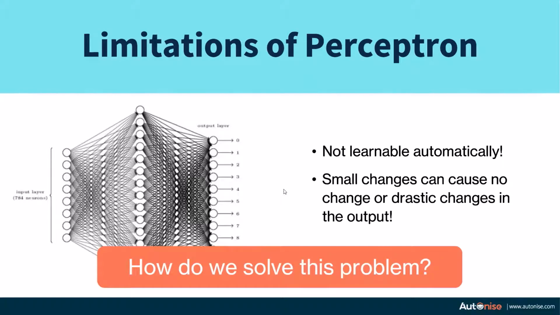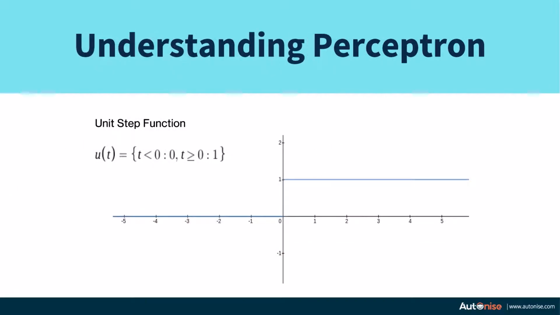So how do we solve this problem? First of all, to solve the problem of perceptrons, let's understand perceptrons in a better way. We can do that by analyzing the unit step function. What is a unit step function? This is the graph of a unit step function. For values greater than 0, the value of the function is 1.